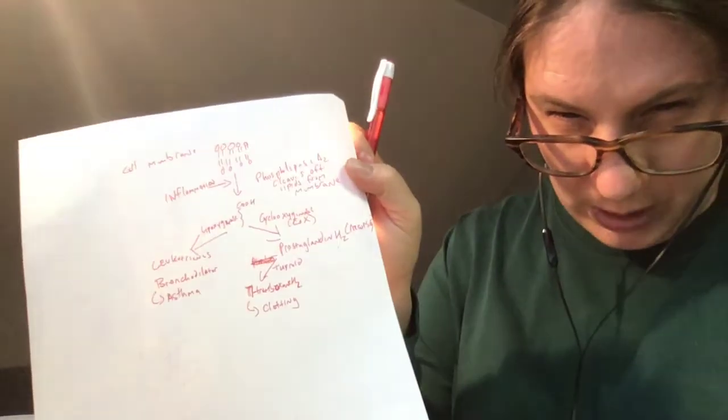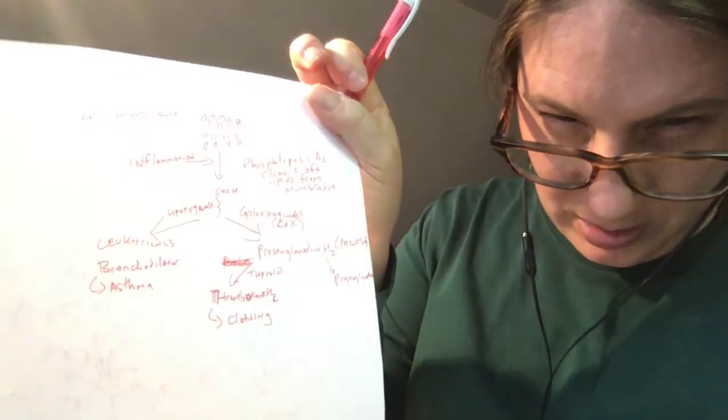Prostaglandin H2 is the parent, so this is the precursor. So prostaglandin H2 is the precursor prostaglandin, but it can be modified into other prostaglandins. So I'm just writing other prostaglandins here. And these other prostaglandins can lead to fever.